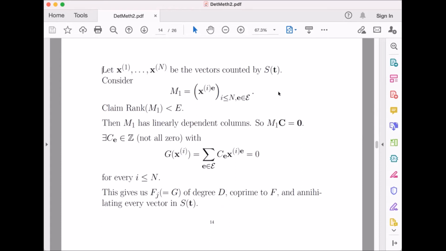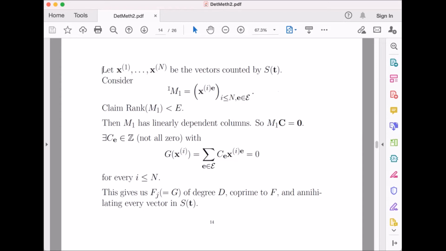Okay, so now let's write down all the vectors counted by S_t. We'll list them as x_1 to x_N. They're vectors of size at most B that lie on F equals 0 and reduce projectively to the point t modulo p.